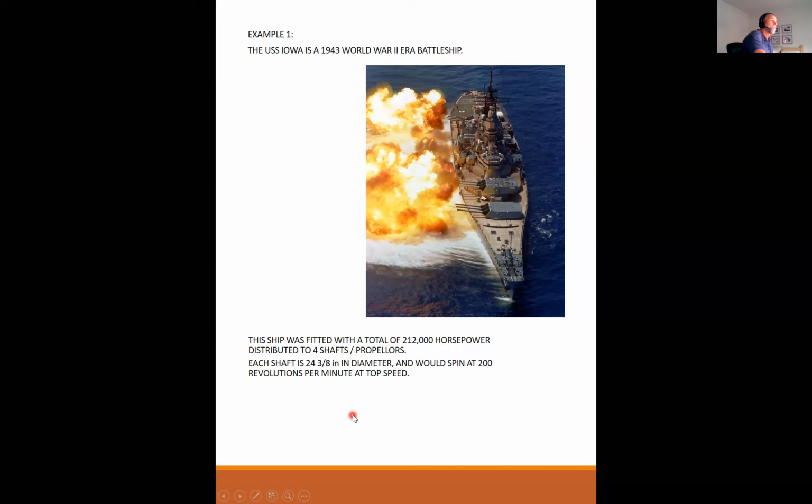Each shaft was 24 3/8 inches in diameter and typically would spin at about 200 RPMs at top speed, which is pretty crazy when you think about how big those propellers are. So, given all these circumstances, determine what the induced shear stress is in the drive shaft at full steam.